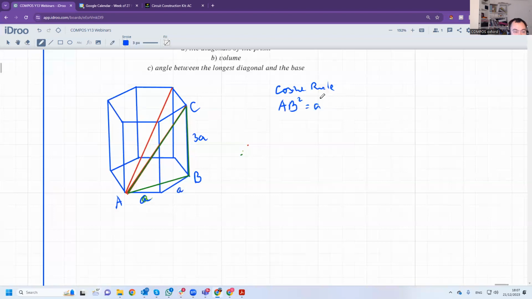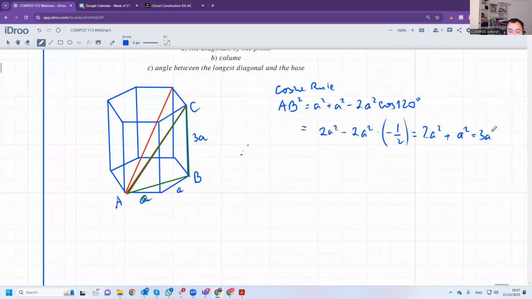AB squared is A squared plus A squared minus 2A squared cosine 120 because we know it's 120 degrees. Okay, so that's 2A squared minus 2A squared multiplied by cosine 120, which is minus a half, which gives us 2A squared plus A squared, which is 3A squared.